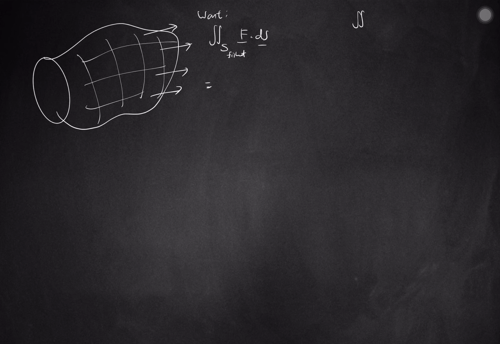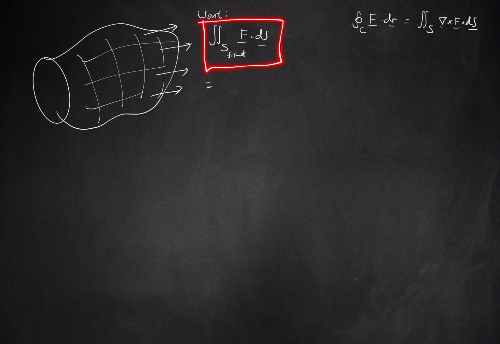So what was the Stokes theorem? The Stokes theorem says that the circulation of any vector field over a closed loop is equal to the flux of the curl over an open surface.